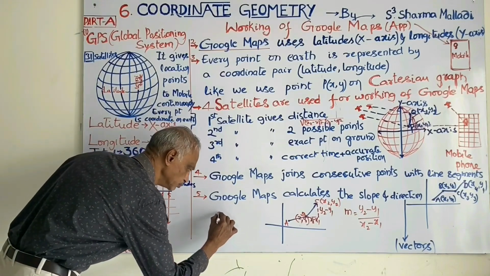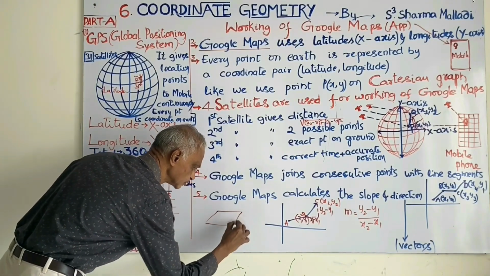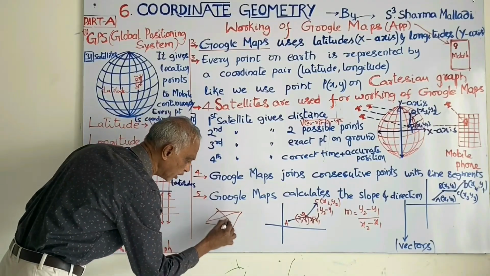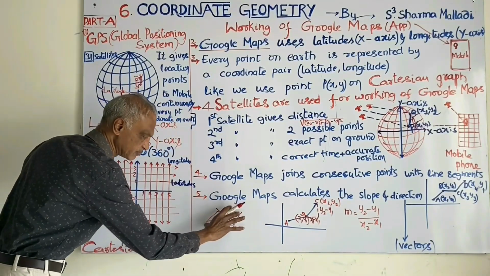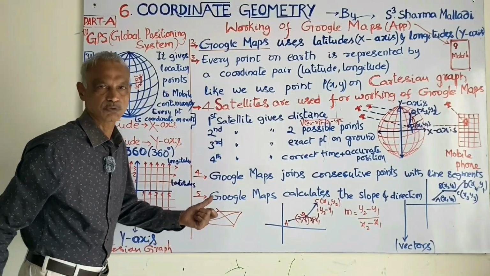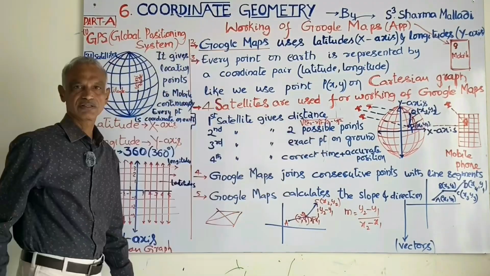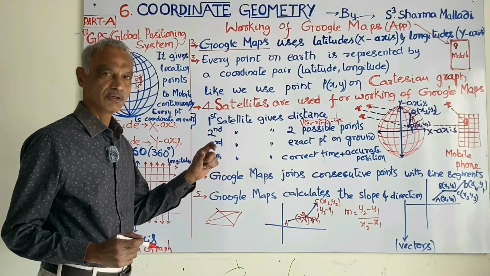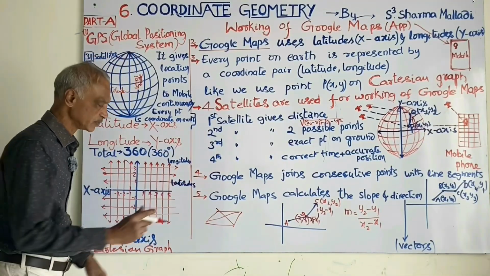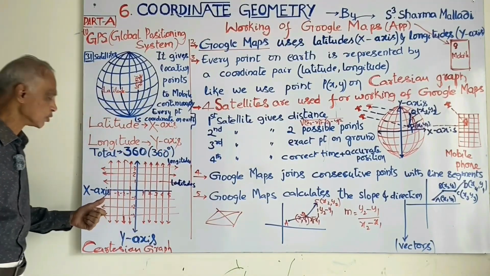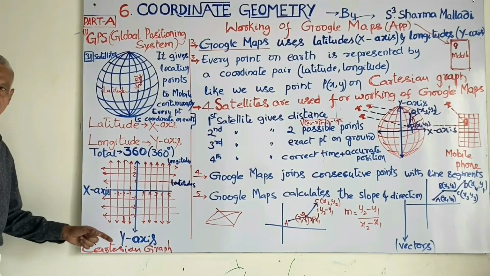In a parallelogram, if you want to know whether the diagonals are equal or not, we can find the distance between these 2 points and these 2 points. What is the formula we have? Square root of (x2 minus x1) whole square plus (y2 minus y1) whole square. Using the distance between 2 points, we can find whether the diagonals are equal or not using coordinate geometry and the Cartesian plane.